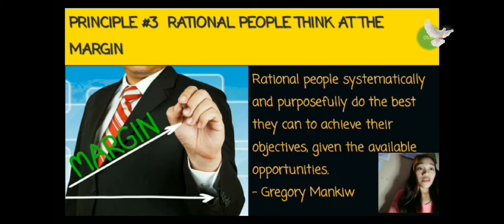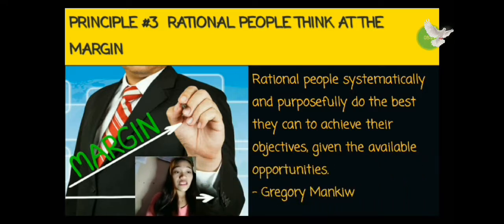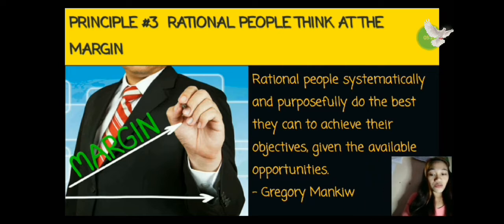Rational people think at the margin. In this principle, rational people systematically and purposefully do the best they can to achieve their objectives given the available opportunities, according to Gregory Mankiw.